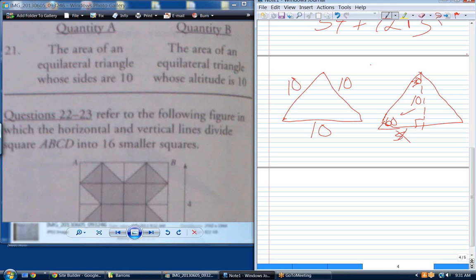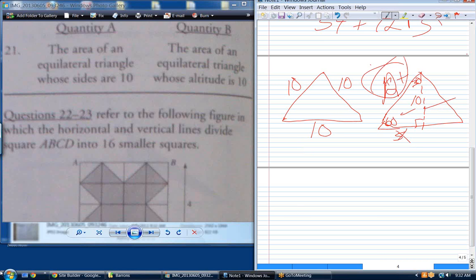But more importantly, it's important that you recognize what the hypotenuse is going to be. Is the hypotenuse going to be less than or greater than 10? Greater. Always. Since this side is greater than 10, the area of this triangle has to be bigger because each side is bigger.